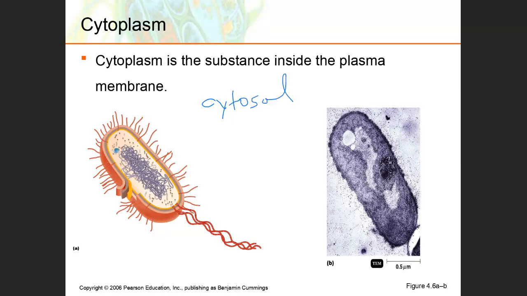The cytosol was the liquid part, not including the membrane-bound organelles, so not including the nucleus or the Golgi or the ER or the mitochondria. It's the watery part in between all of those organelles, whereas technically the cytoplasm includes everything within the plasma membrane. Since prokaryotes don't have any of the membrane-bound organelles, we just call the inside the cytoplasm, not the cytosol.